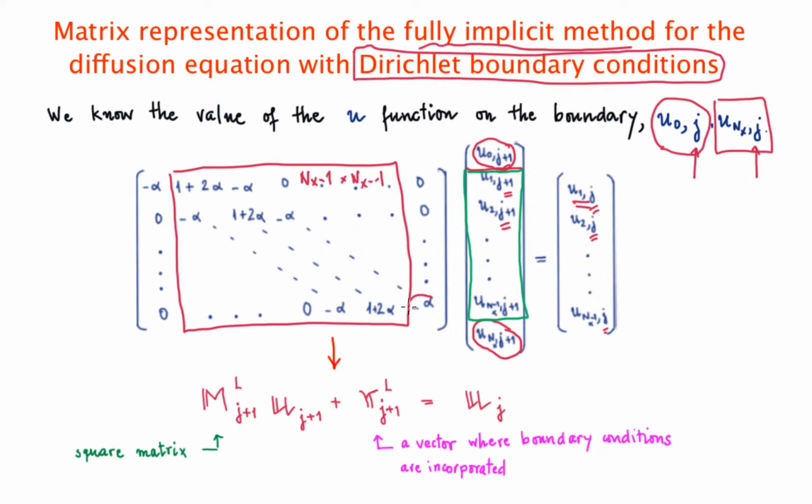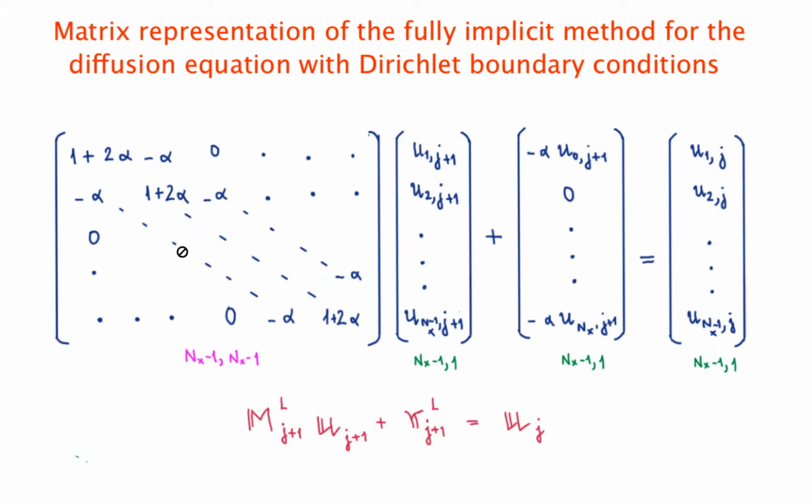And the same with the last one, with minus alpha multiplying it. We do that by adding another column, which corresponds to this vector with these two components, the product of this one with this one, and the product of this one with this one, which are not included when multiplying the square matrix with the unknown components of the u function evaluated at j plus 1. So this is the strategy that we are going to follow, and using it, this is the representation that we have.